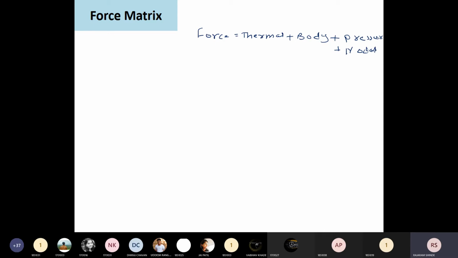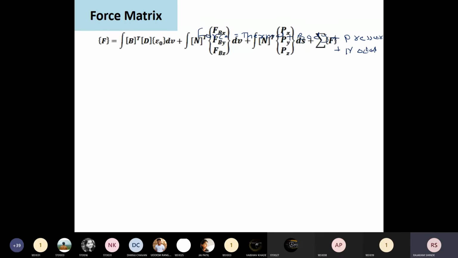Now see here the equation for this force matrix. Force is equal to thermal load. Thermal load is the integral of B transpose D epsilon 0 over the volume. Next, for body load, it is the integral of N transpose FB dV. And for pressure load, it is N transpose P dx. And for point load, there is only F. So you have this equation.